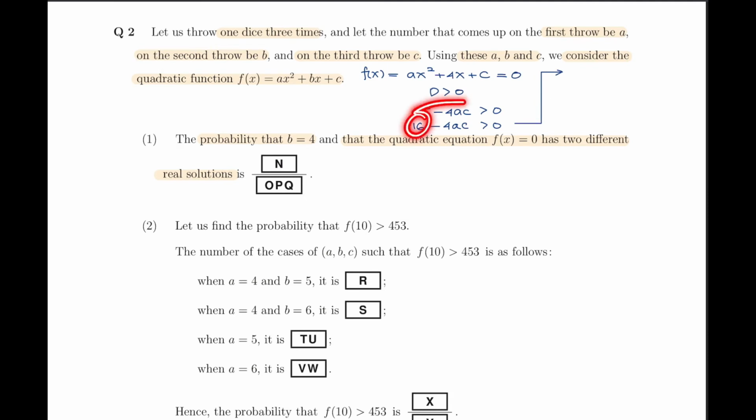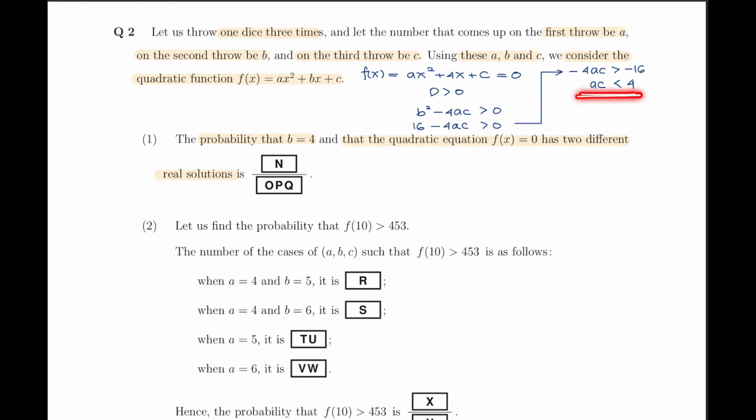If we move the 16 into the right hand side, we will obtain negative 4ac greater than negative 16. And then if I divide both sides by negative 4, I will get ac less than 4. Since we divide by a negative number, the sign of the inequality must be changed.